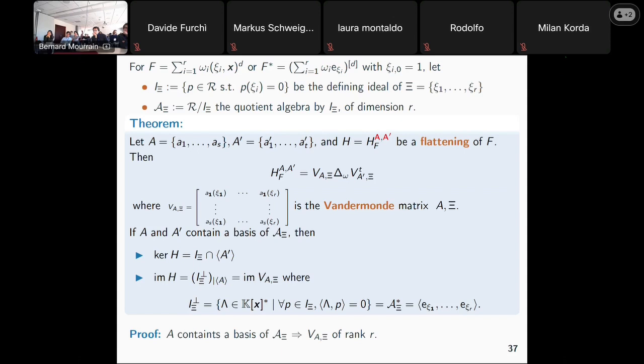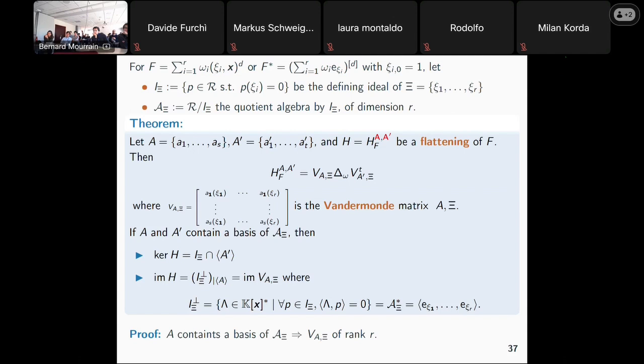So as a consequence, we have a basis here of size R, which is the number of points, because this is of dimension R. And this matrix will be, in fact, of rank R also.